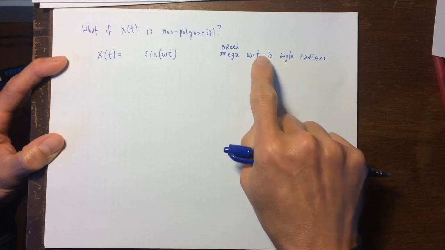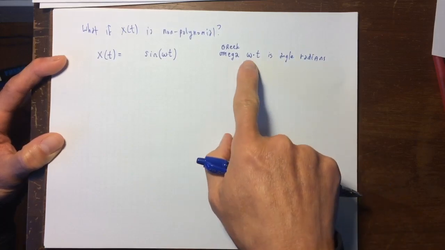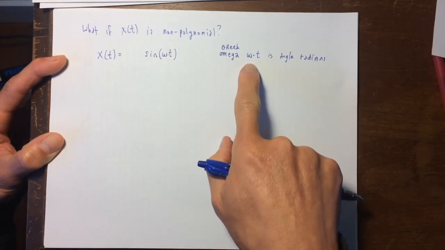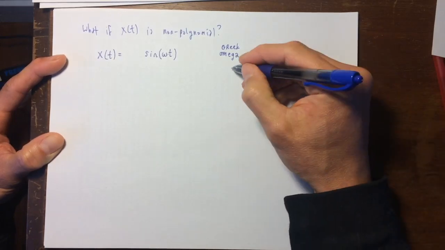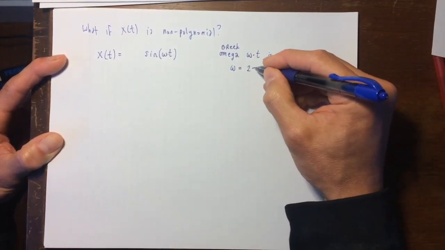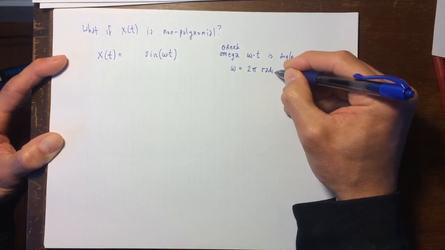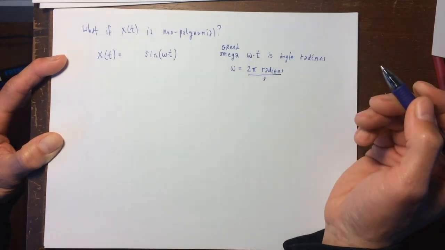So if omega t equals an angle, that means that omega needs to be angle over time. So angle over time times time is an angle. So as an example, I'm going to choose the value for omega as 2 pi radians per second.